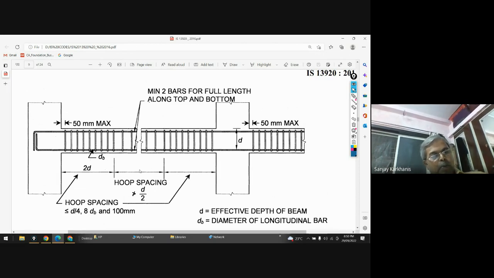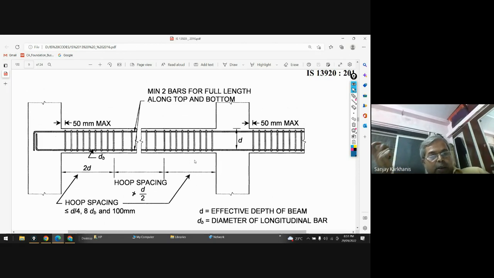Then this is the middle part. If you are providing d by 4, then in this you can double, and that's why the spacing shall not exceed d by 2, and this is again d by 4 for the region of 2D, where d is the effective depth of the beam, and not the total depth of the beam.